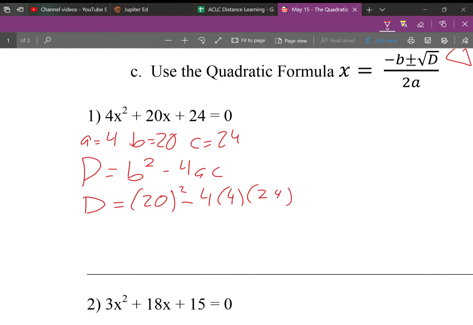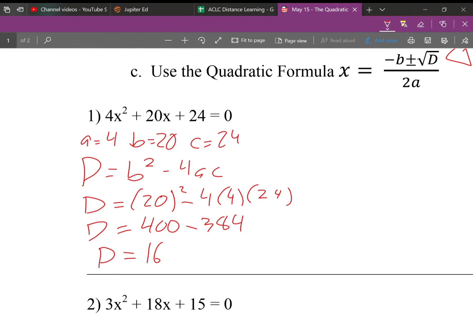I don't expect you to do this by hand. 20 squared is 400. 4 times 4 is 16. And then 16 times 24 is 384. And that simplifies. 400 minus 384 is 16.